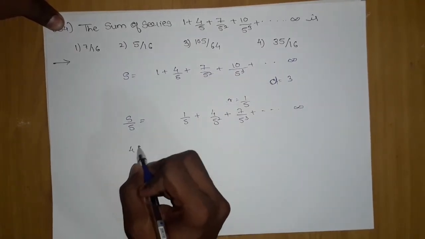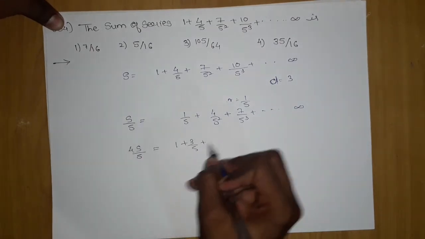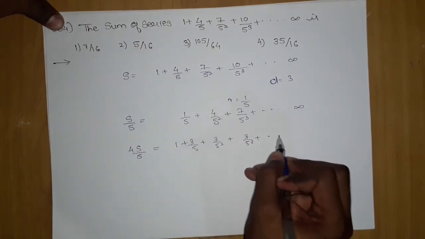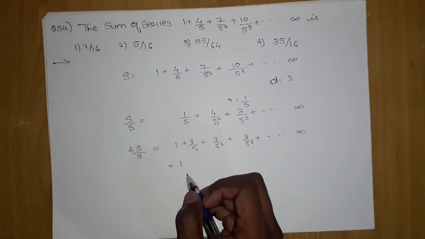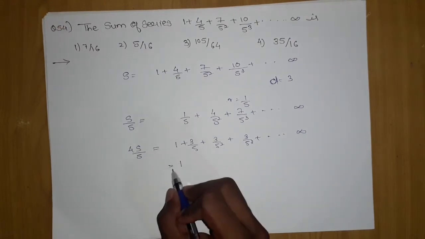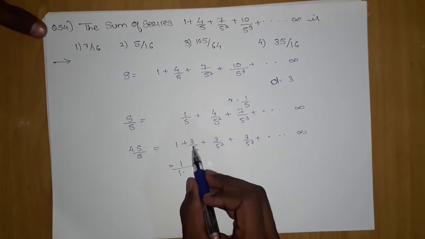If I cancel out, 4s by 5 will be here 1 plus 3 by 5, 3 by 5 square, 3 by 5 cube, and so on till infinity, giving me 1 upon 1 minus 3 by 5.